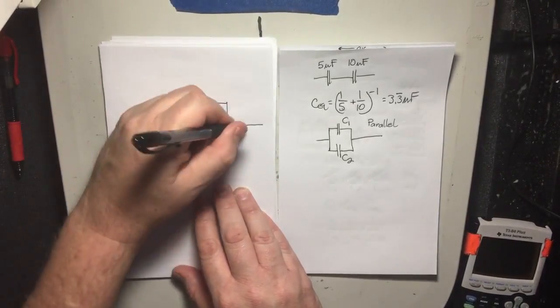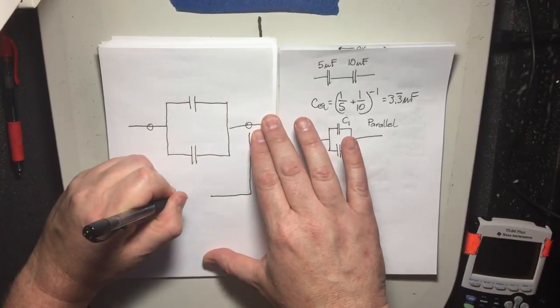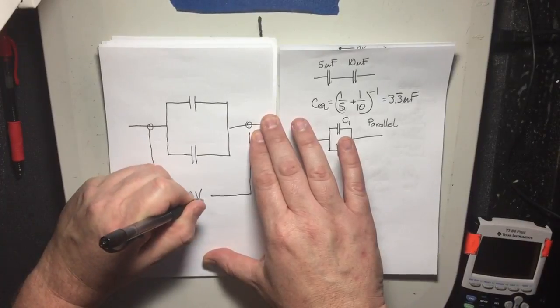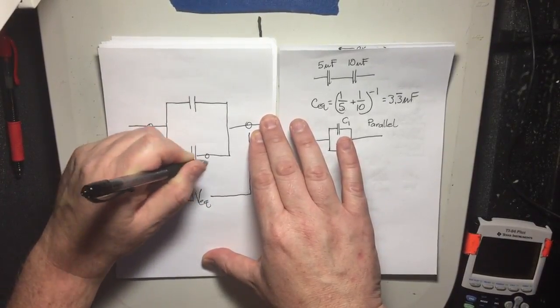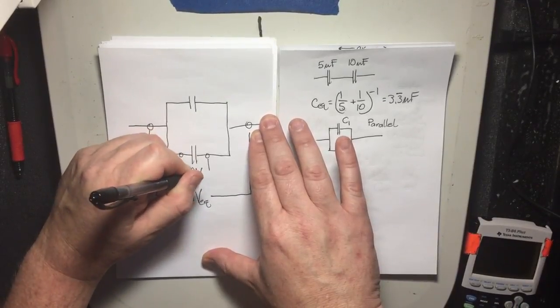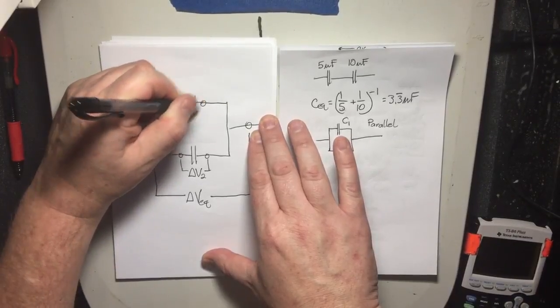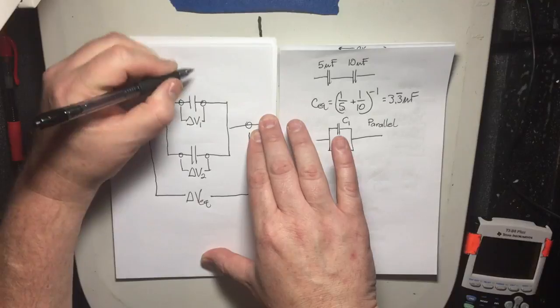So the equivalent potential difference is there. The potential difference across 2 is there. The potential difference across 1 is there.